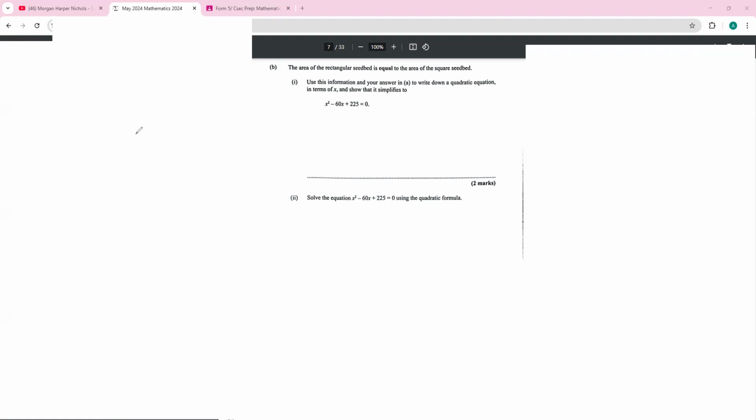However, there are 4 ways to solve a quadratic.